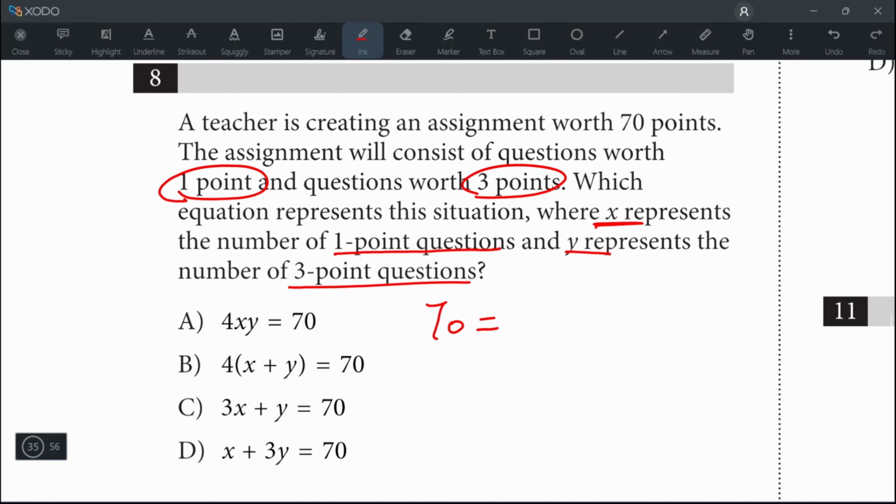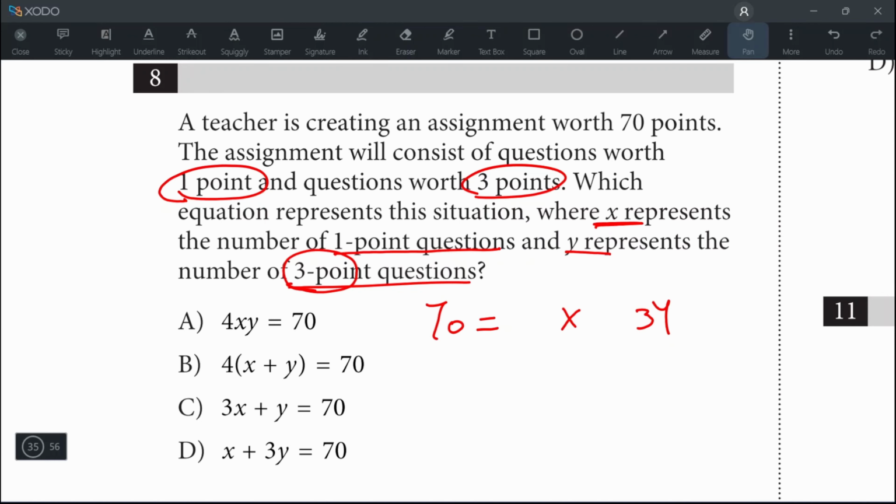And we know that we have two types of questions, which are x and y, all right? And we know that question x gives us only 1 point. And we know that question y gives us 3 points. So we'll label 3 as a coefficient of y.